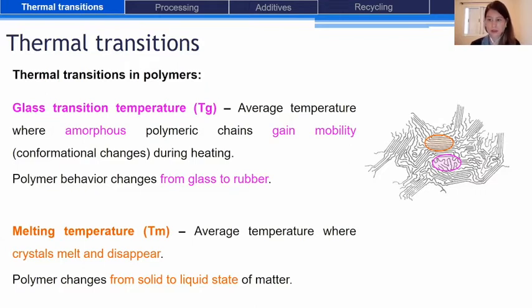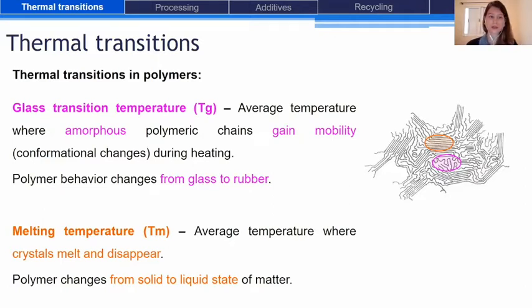The stiffness, the heat capacity, and the coefficient of thermal expansion are some examples of physical properties that change. Through this glass transition temperature, the polymer behavior changes from a more rigid glassy state to a rubbery state.